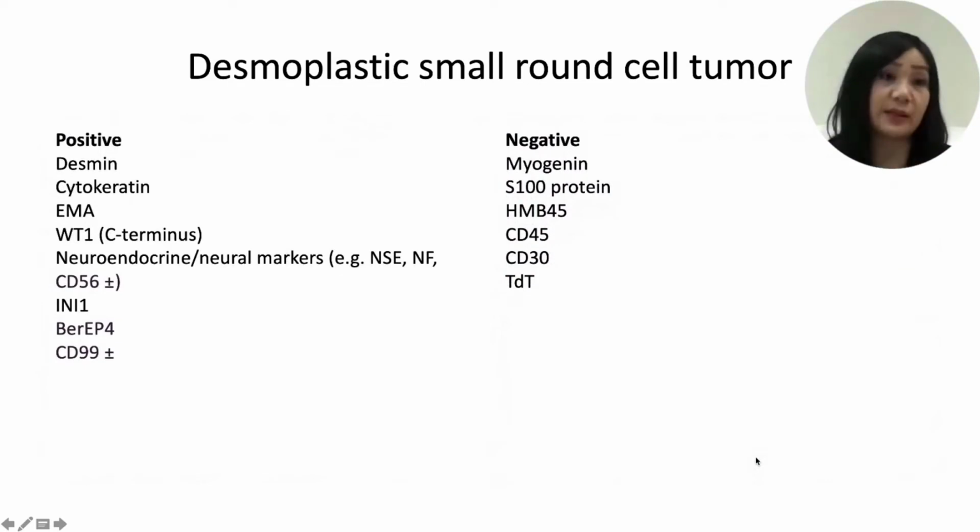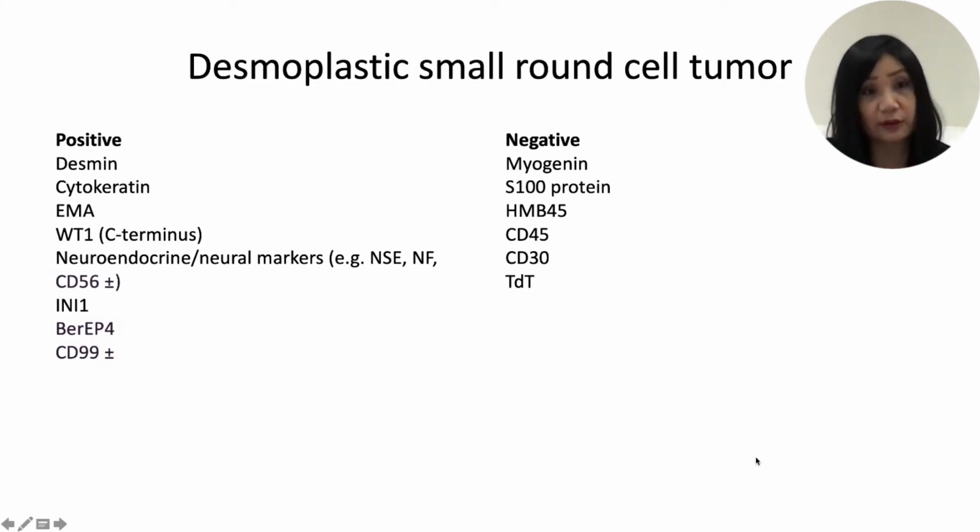So these are associated with strong desmin expression, but myogenin and MyoD1, so the myogenic markers that indicate rhabdomyosarcoma, are consistently negative. Cytokeratin, variable expression, WT1, the C terminus, so it depends which terminus of WT1 you are using, but there will be diffuse and strong expression if you are using C terminus WT1, but not N terminus.